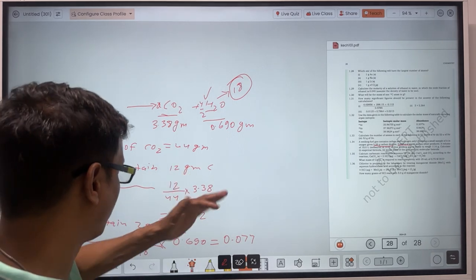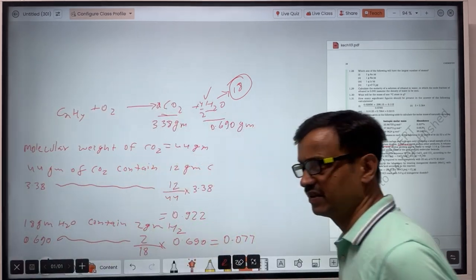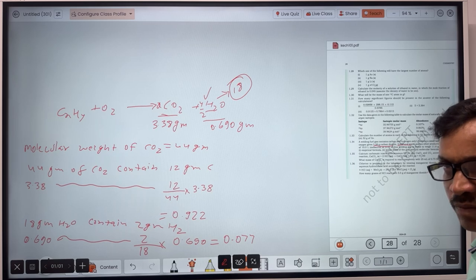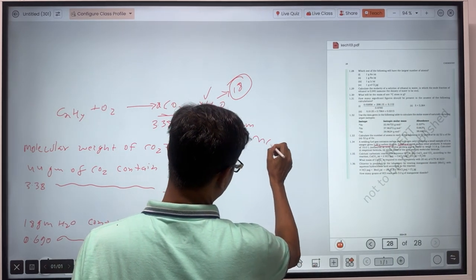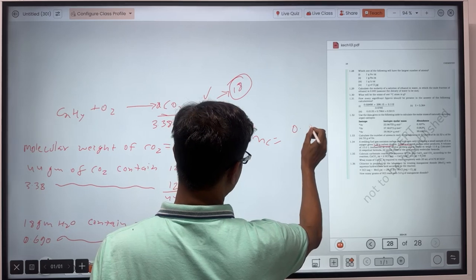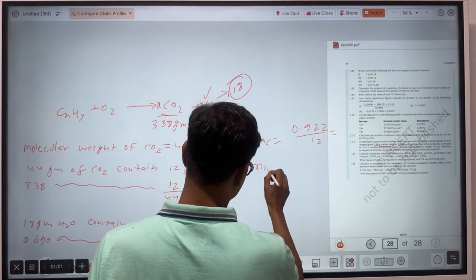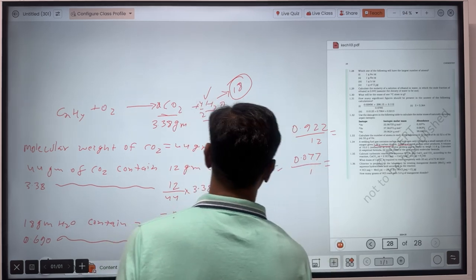So carbon, how much is there? Hydrogen, what's the weight of carbon here? What's the weight of hydrogen? That you have calculated. Now you can calculate the number of carbon atoms and the number of hydrogen atoms. So number of carbon atoms will be 0.922 divided by 12. And number of hydrogen will be 0.077 divided by 1.